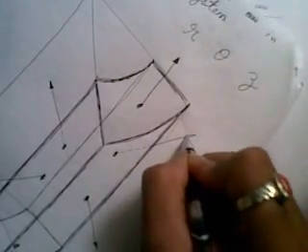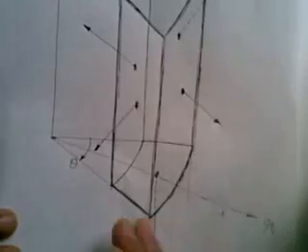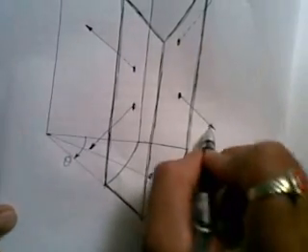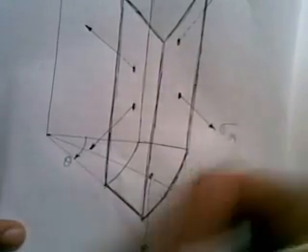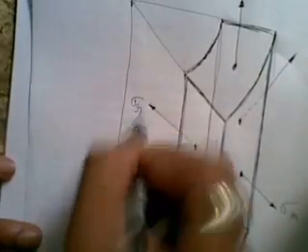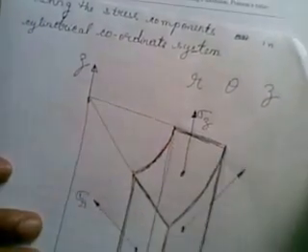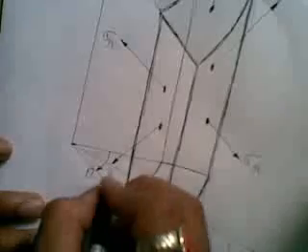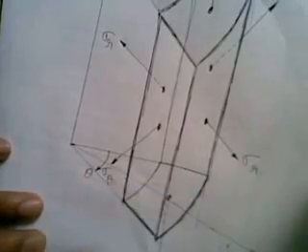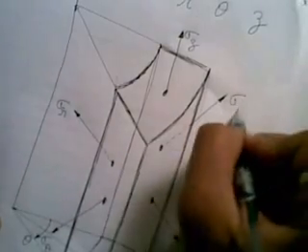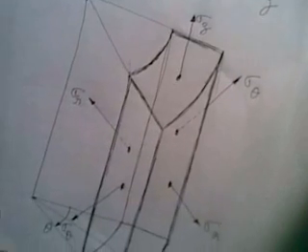Okay, now radially outward normal force is sigma r, and here sigma r and sigma z, sigma z, this is sigma theta, and we have another sigma theta.